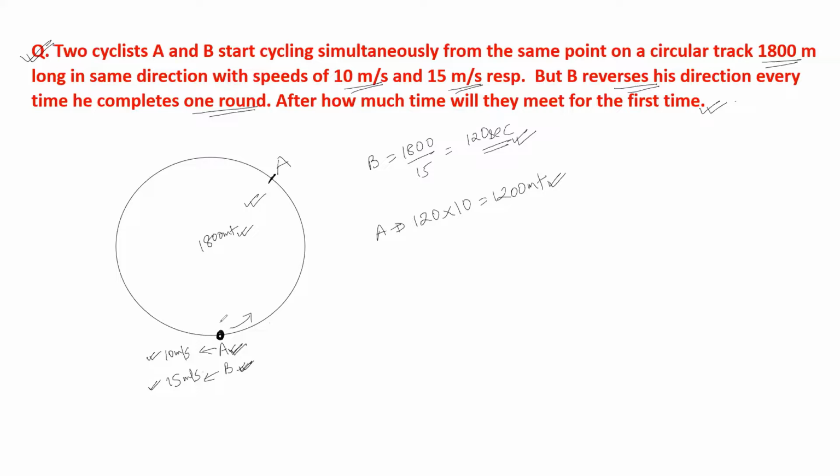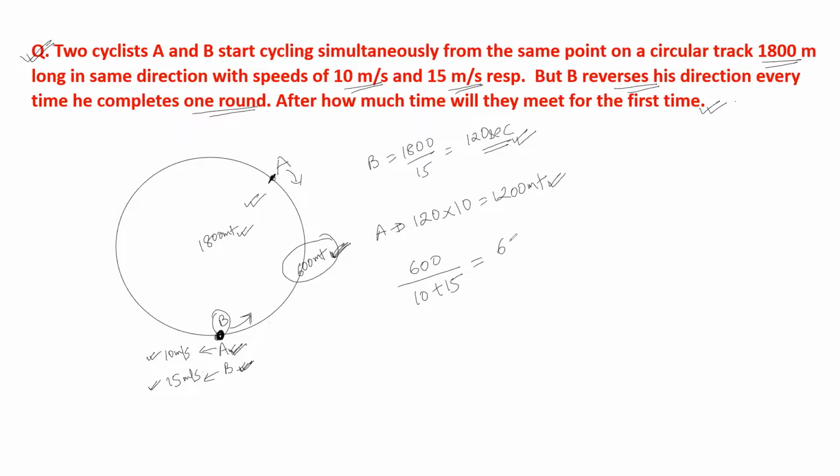So now B is here traveling in anti-clockwise direction and A is here traveling in clockwise direction, and the distance between A and B would be 1800 minus 1200, that is 600 meters. And the time taken by A and B to cover this 600 meters would be simply 600 upon 10 plus 15, as A and B would now be traveling opposite to each other.